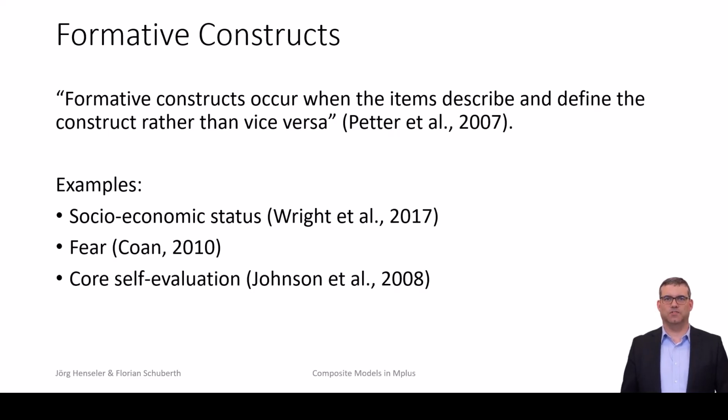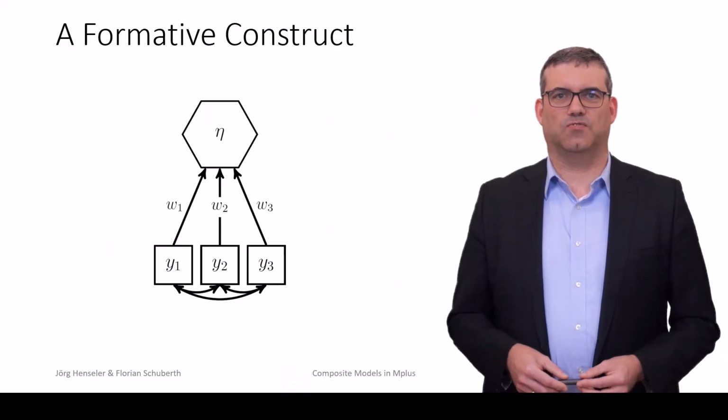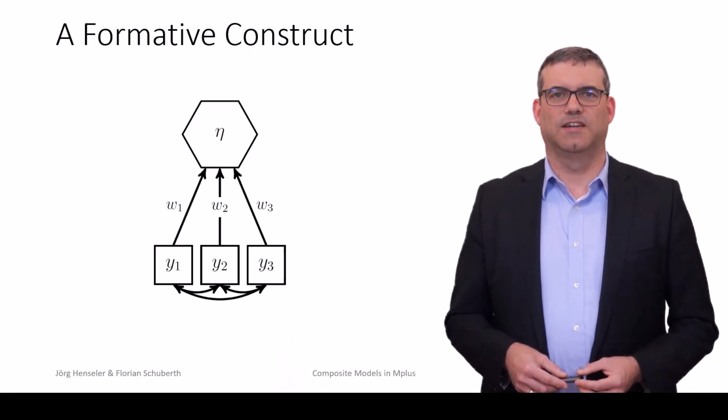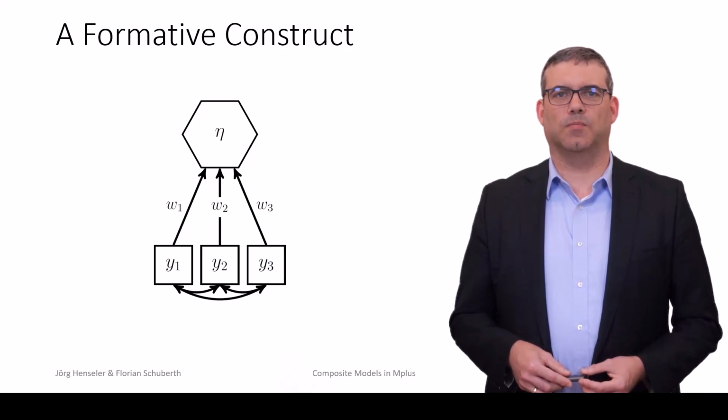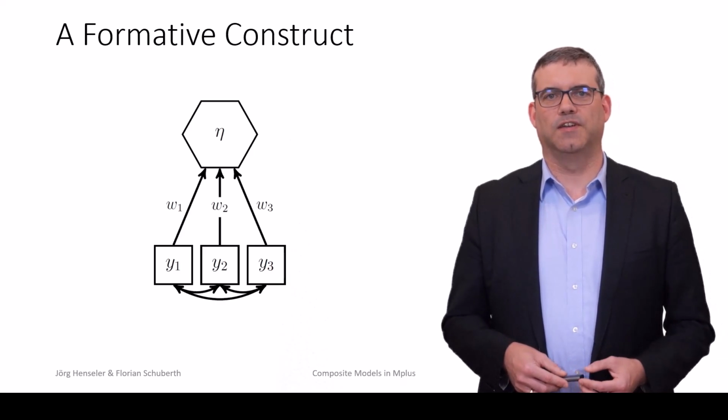Examples of formative constructs are socioeconomic status, fear, or core self-evaluation. You always find the references here, so if you're interested in these concrete implementations of formative constructs, feel free to read them. A formative construct is visualized like this, where we have the formative construct eta, and it's defined as being made up of the observed variables y1, y2, y3. These observed variables are allowed to covary.